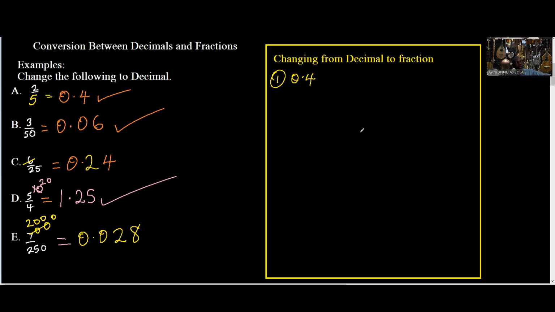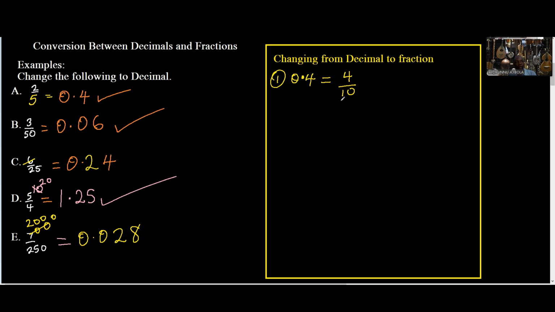If I want to change 0.4 to a fraction, how many digits are after the decimal? One. So you write the digit and divide by 10 because it's only one digit. If there are two digits, you divide by 100.